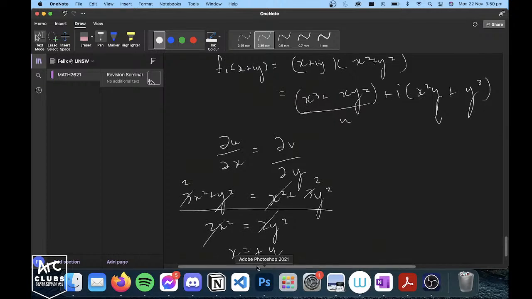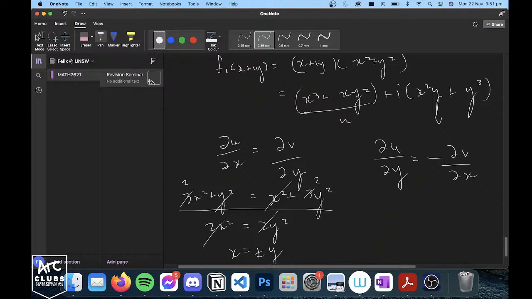Okay? But that's only one half of it, because we still have the other equation that we have to satisfy. So remember that we swapped the two. The partial derivative of u with respect to y is equal to the negative of the partial derivative of v with respect to x.